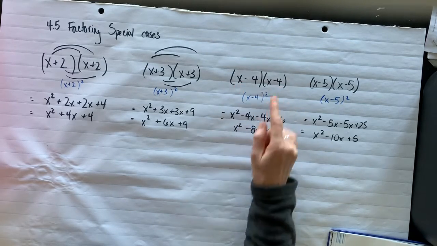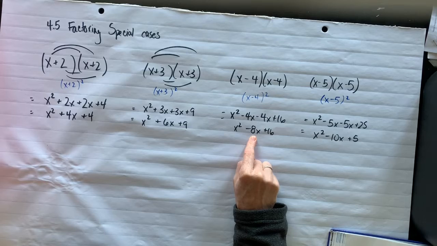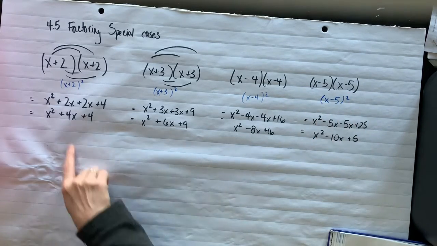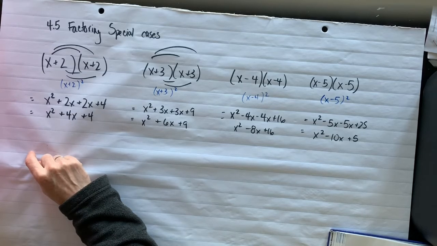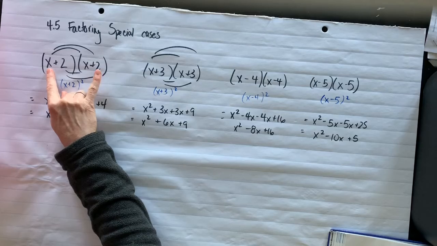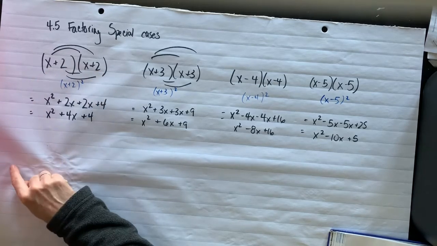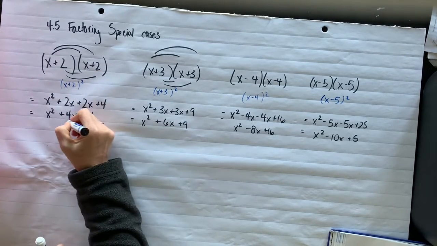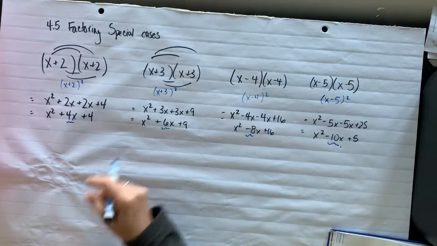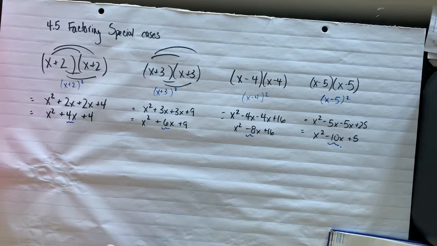Negative 4x times 2 is negative 8x. And negative 5x times 2 is negative 10x. So that's the first pattern that we see. You double the product of the first term and the last term in all of the cases. So I can predict what this inside term is going to be simply by looking at my binomial.